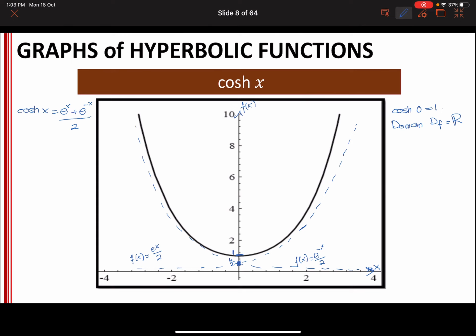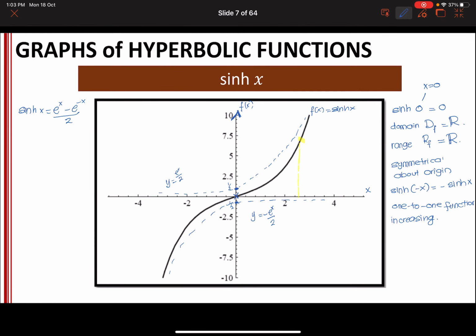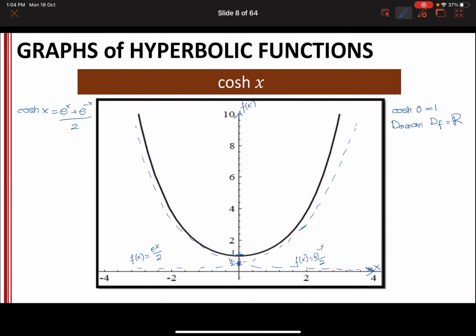But in this case, the range: just now we saw for sinh x that the range is from negative infinity to infinity, because the value of f(x), the vertical, can go down to negative infinity and up to infinity. But for cosh, its range is not all real numbers, because the value of cosh x is bounded by 1.